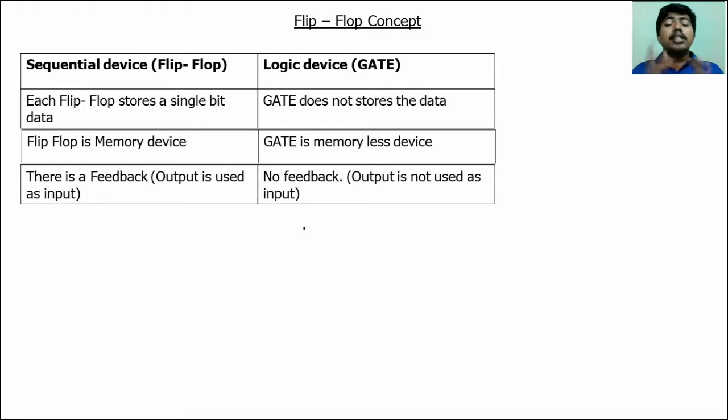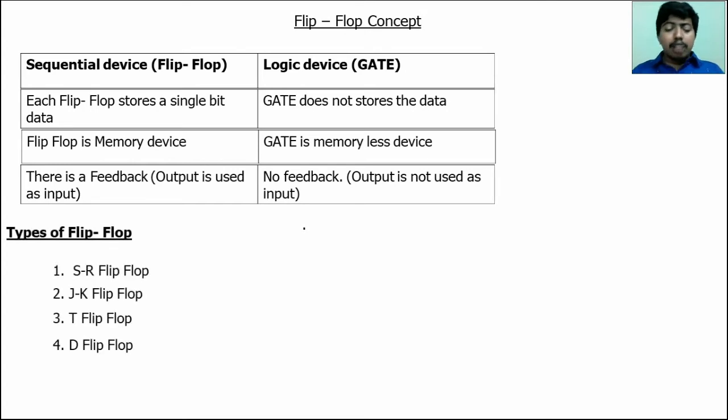In logic devices, there is no feedback. Fourth comparison: in a sequential circuit, the output depends on both input and previous output. But in a logic device, the output depends only on the present input. That is the difference. The types of flip-flops are SR flip-flop, JK flip-flop, D flip-flop, and T flip-flop.